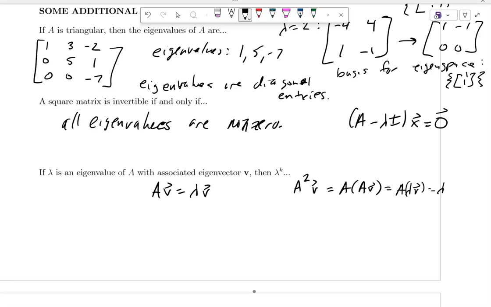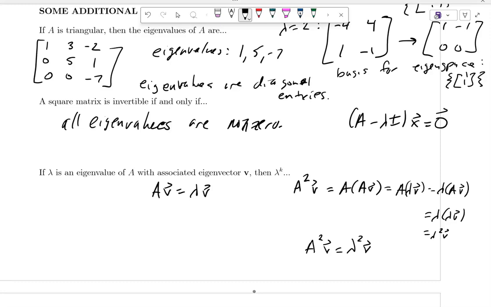And then I can move the lambda to the front, right? And what can I replace A times v with? Lambda v again, right? So, just to summarize, at the end here we've got A squared v equals lambda squared v.